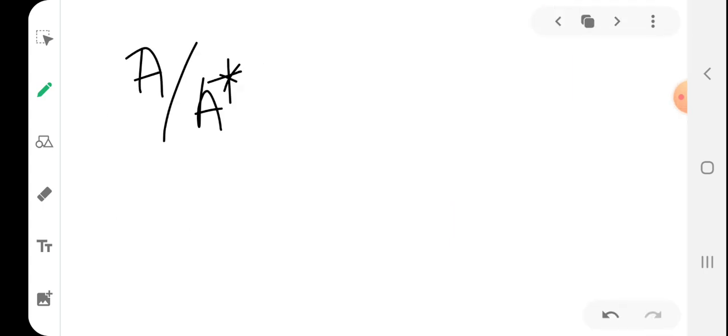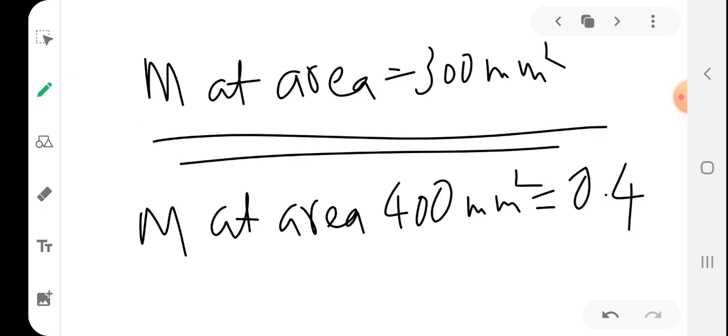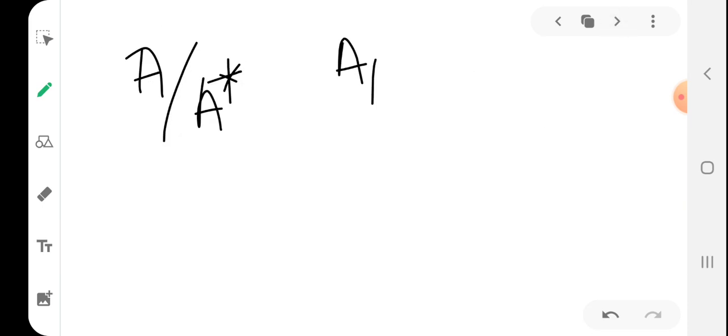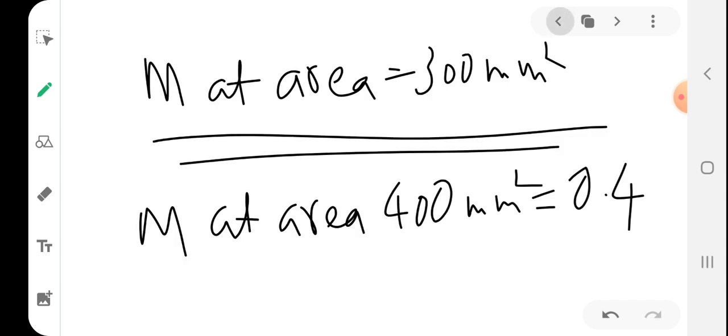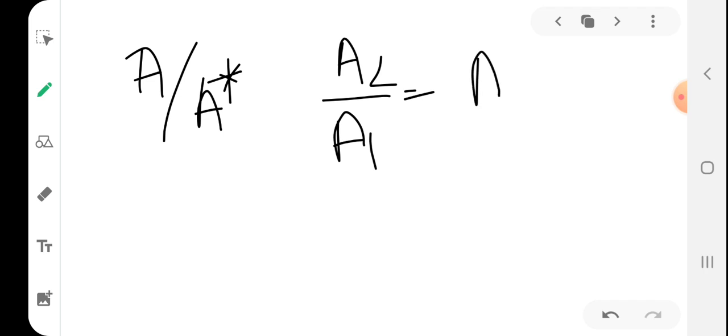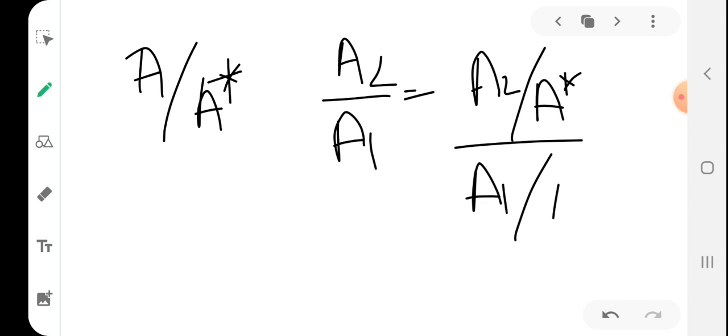Before that, we have to set up the problem. Call the area where it is 400 mm square section 1, area A1, and the other section area A2. So students, A2 by A1 can be written as A2 by A star by A1 by A star.